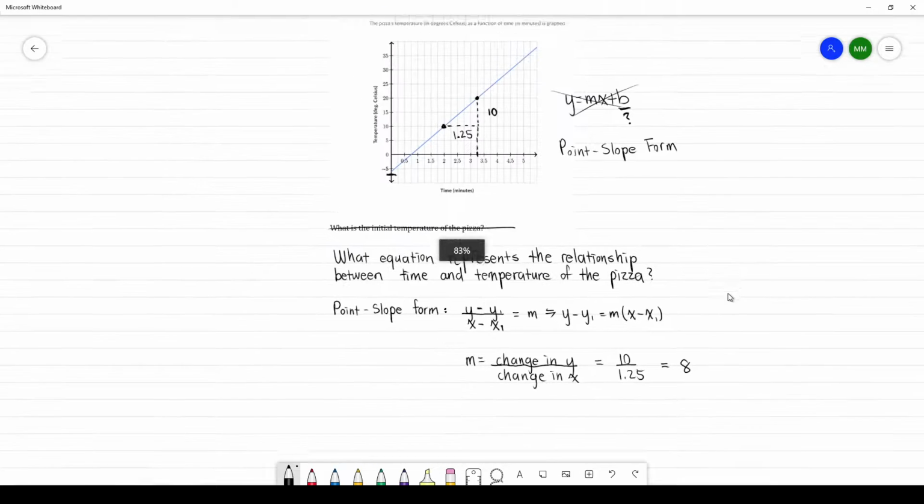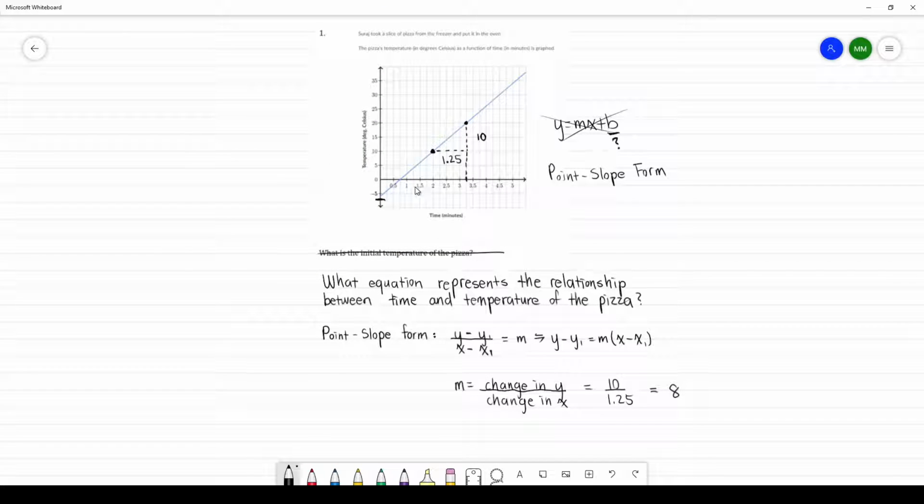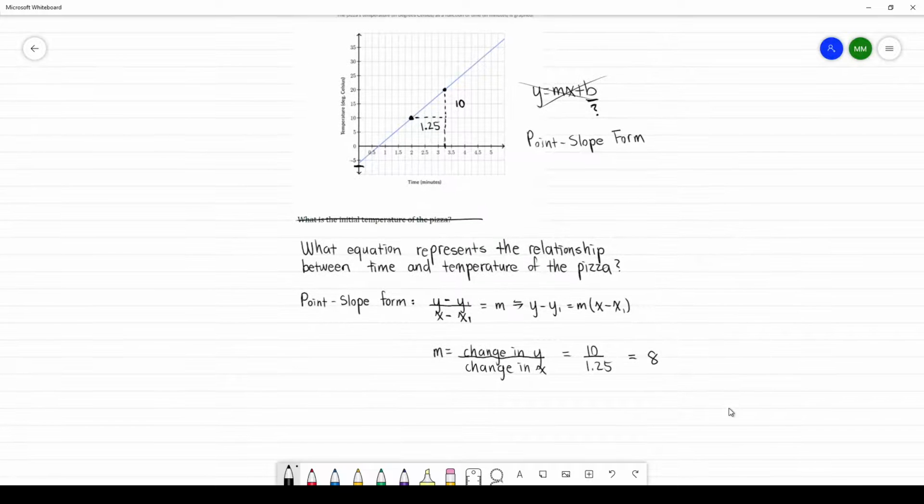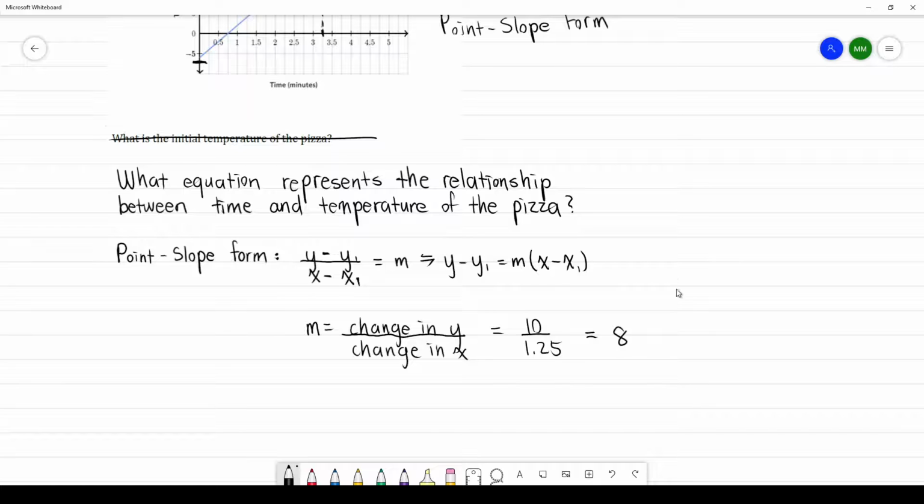The slope also represents how fast the temperature of the pizza is rising as time moves on. I should probably include a unit because this is a word problem. It's 8 degrees Celsius per minute.